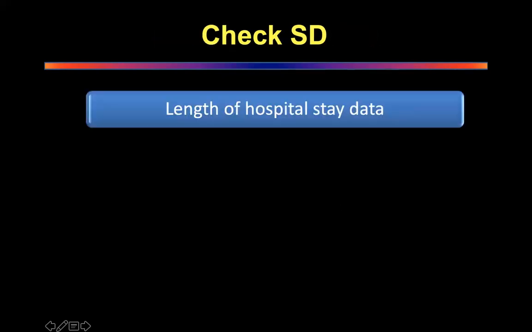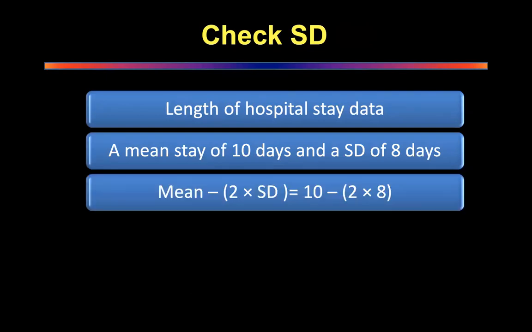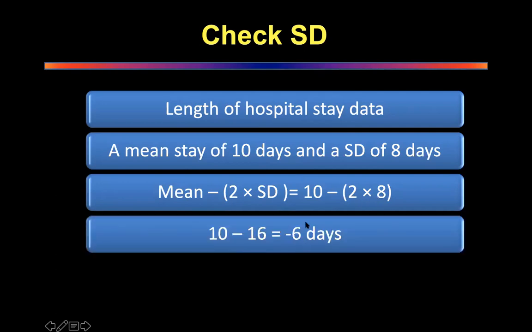Example: length of hospital stay data. The mean was 10 days, and they said the standard deviation was 8 days. This is what the paper stated. Now, mean minus 2 standard deviations is 10 minus 2 into 8, which is minus 6 days.